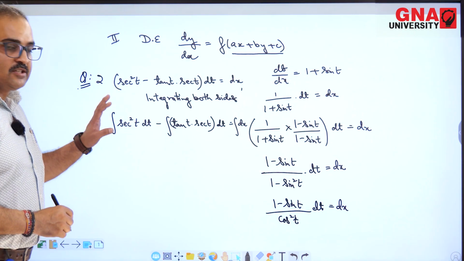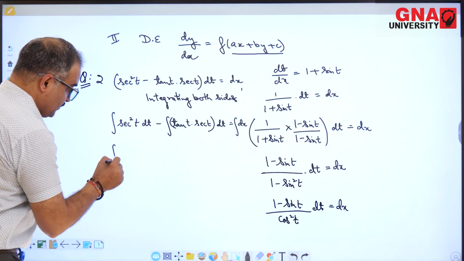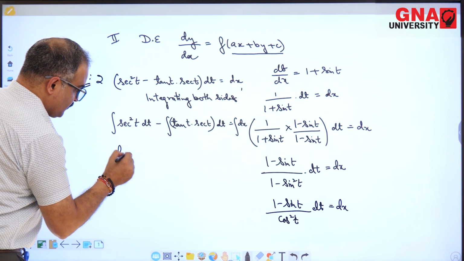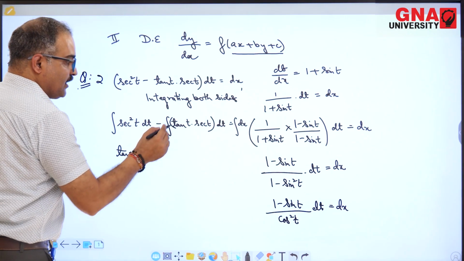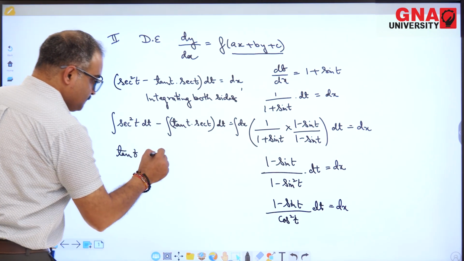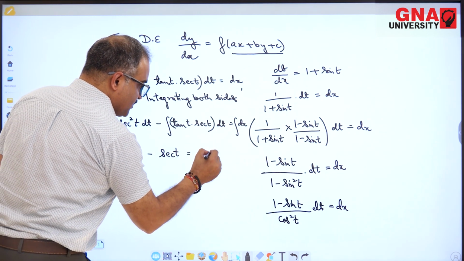Now what will be the integration of secant squared t? That will be tan t, minus, now the integration of tan t into secant t will be secant t, is equal to x plus c.